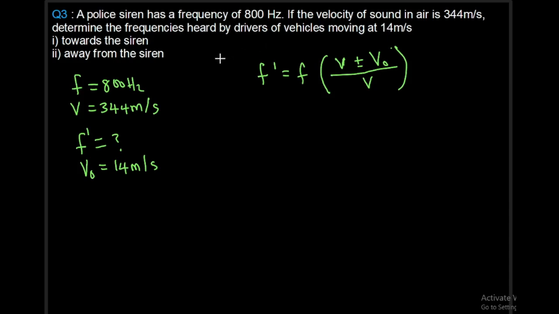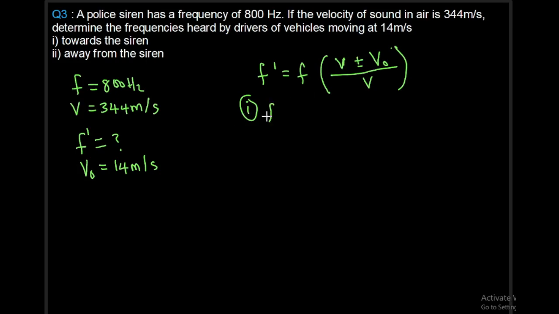Now, the question is very easy. They said determine the frequency heard by drivers of vehicles moving at 14 meters per second. The first part says, towards the siren. So we have here the observer, which is the vehicle, moving towards the siren. Whenever we have an observer moving towards the source of the sound, we use plus.